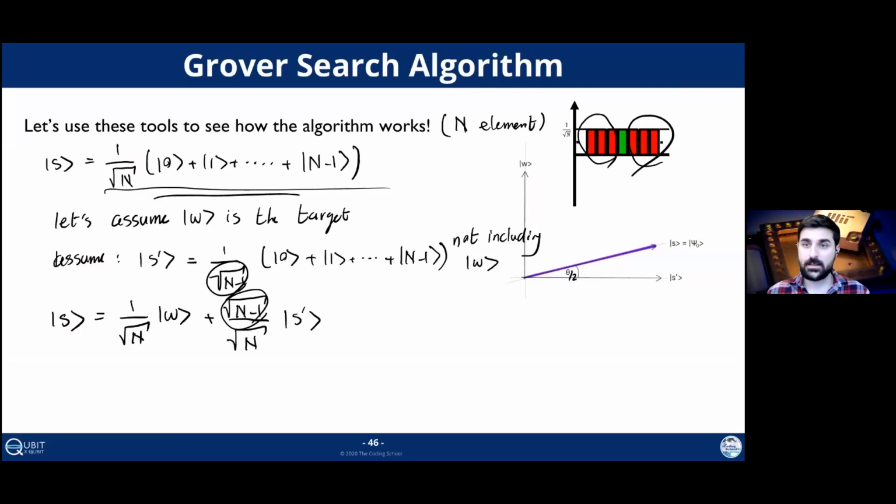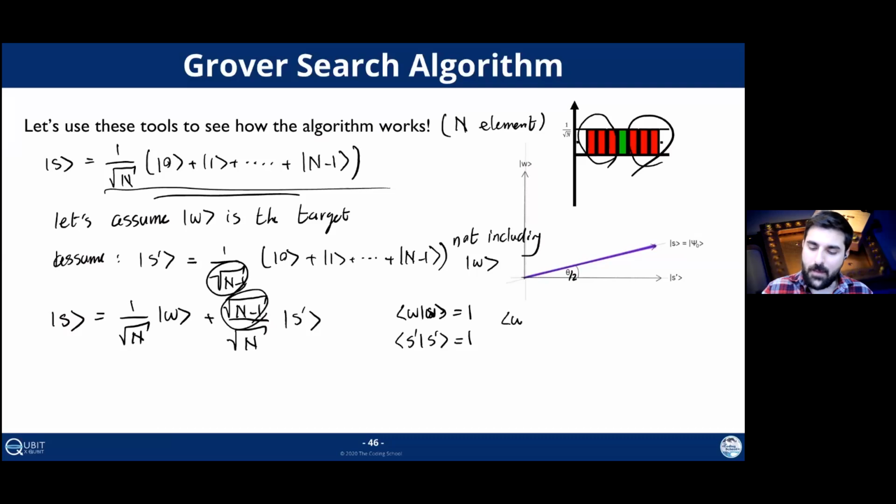So this is the only distinction that I'm making, and it's actually a very powerful one, because now if you look at the new way that I've written the S state, first of all, it should look familiar because there are only two options, and it looks a heck of a lot like a qubit state. But to make that point further, the overlap of W with itself is equal to 1, and the overlap of S prime with itself is also equal to 1.